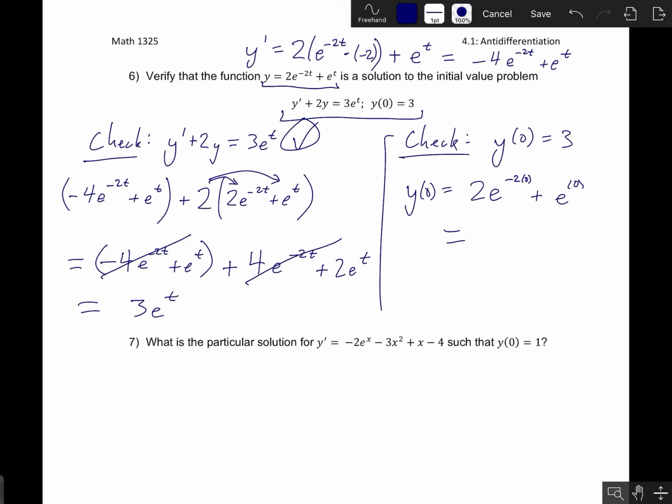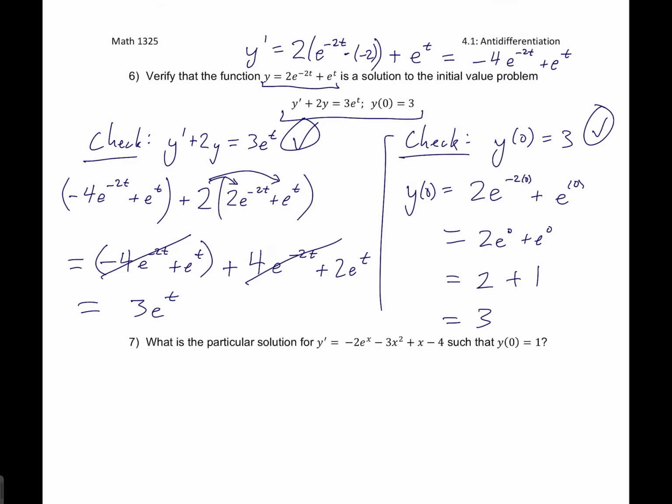I'm just plugging in t equals 0 here. Now this would be 2e to the 0 plus e to the 0. Remember, anything to the 0th power is just 1. So that's a 2 times 1 plus a 1, which is 3. And that's exactly what we wanted. So this function that we were given is indeed a solution to this initial value problem.